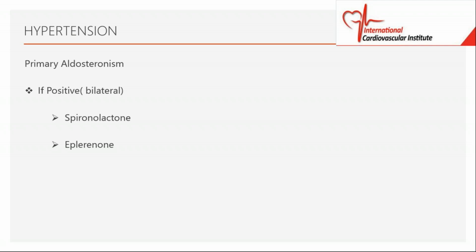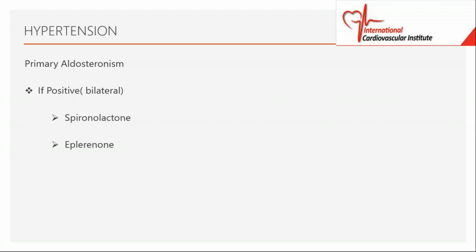Screening tests: the aldosterone to renin activity ratio. Anything above 30 is suggestive. Confirmatory tests: salt loading to see if you can suppress it. If you cannot suppress it, then you confirm it, and you do adrenal venous sampling to distinguish whether it's unilateral or bilateral.